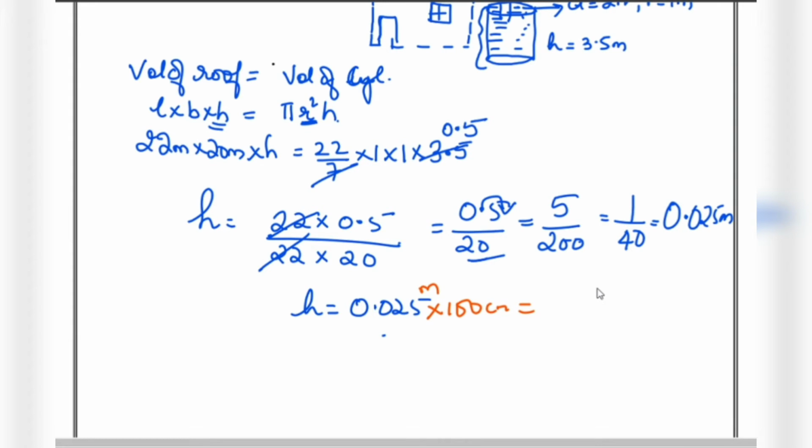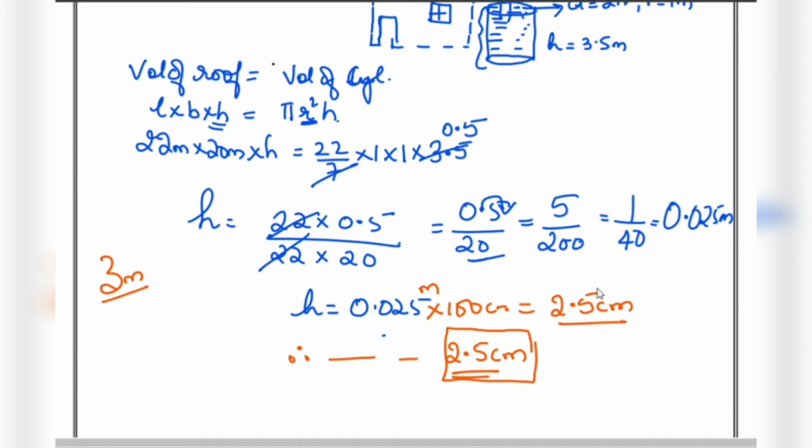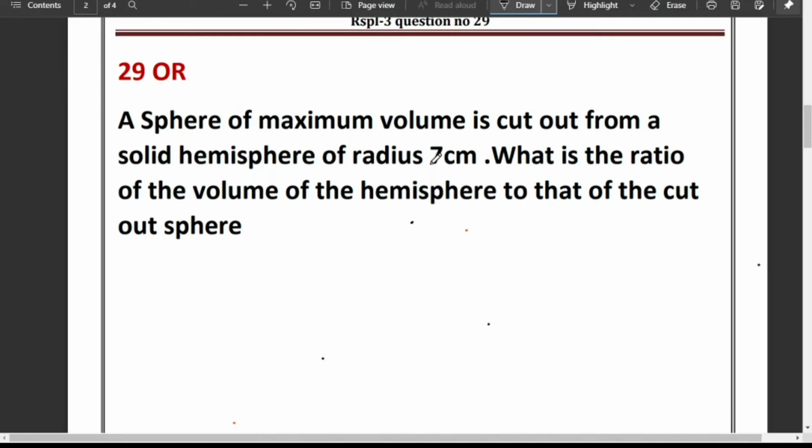So we get 2.5 centimeter. Therefore, the rainfall is 2.5 centimeters. If you don't mention centimeter, this question is for 3 marks. You will get 2.5, or it might depend on the evaluator. If he is more particular about the unit, he might give 2 only.